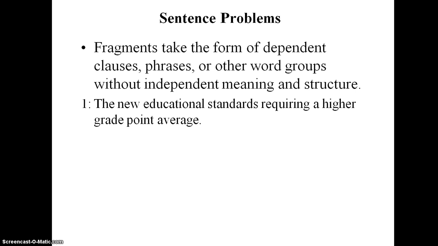See how that's just a subject? It does not have an independent meaning. Now how would you fix that? Well, one of the things you could do is change requiring to require and then make that into a verb. The new educational standards require a higher grade point average.